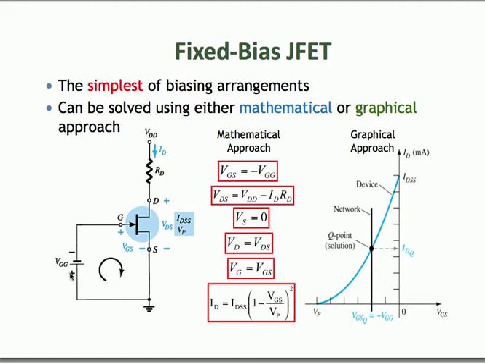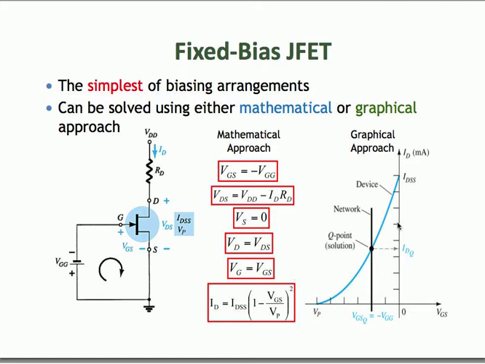Then you substitute the magnitude of VGS back into the Shockley equation to get the magnitude of the drain current. After that, you can use it to solve for the other parameters, including VDS, and so on. So it's a relatively straightforward approach to solve a fixed bias JFET circuit using the mathematical method.